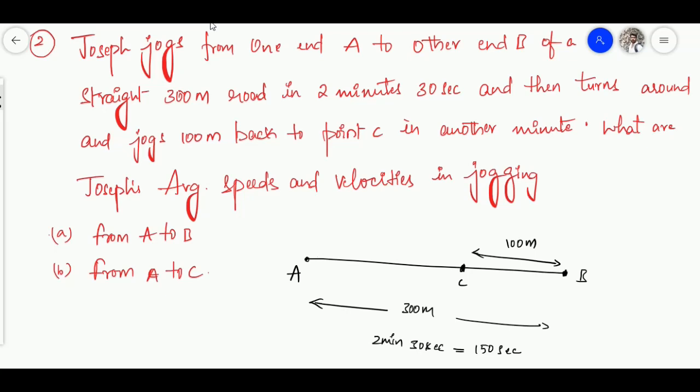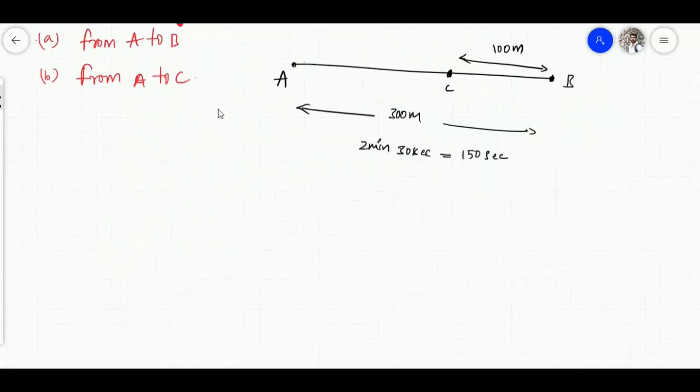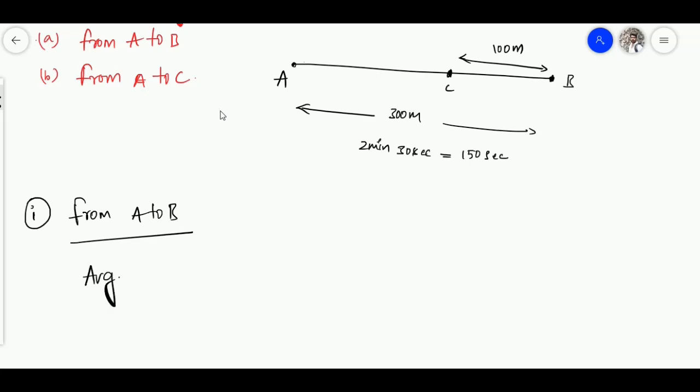Now we have to find average speeds and velocities in jogging from A to B. From A to B, we have to find both average speed and average velocity. So let's first find average speed. Average speed is nothing but total distance covered over the total time taken.